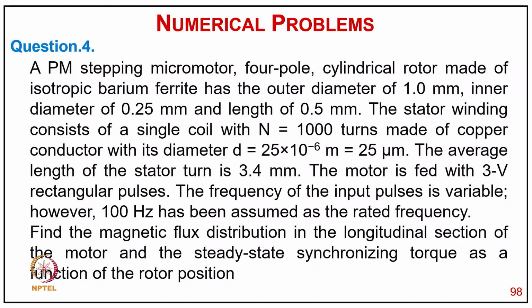The average length of the stator turn is 3.54 millimeter. The motor is fed from 3-volt rectangular pulses. The frequency of the input pulses is variable; however, 100 Hz has been assumed as the rated frequency. Find the magnetic flux distribution in the longitudinal section of the motor and the steady state synchronizing torque as a function of the rotor position.